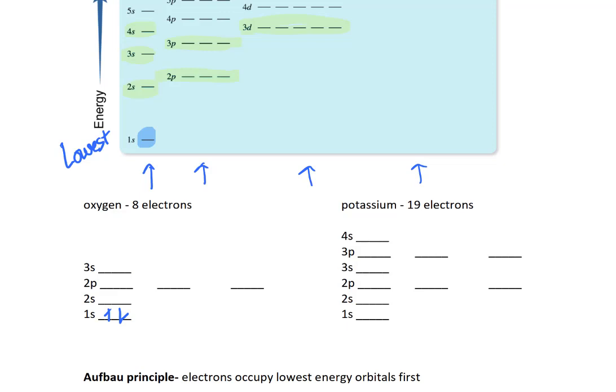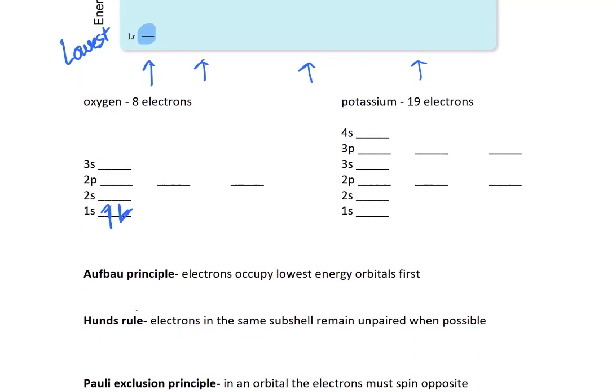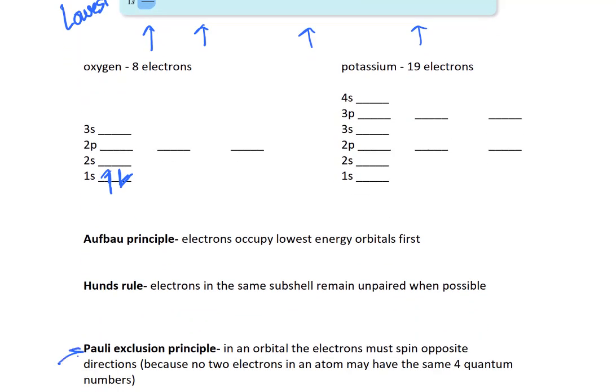Okay, so we have our 8 electrons for oxygen. We're putting our electrons in the lowest energy orbital first. Notice how 1 electron is pointing up and 1 electron is pointing down. When you see this, this is the Pauli exclusion principle, meaning that the electrons have to have opposite spins because they can't have the same quantum numbers when they're in the same orbital.